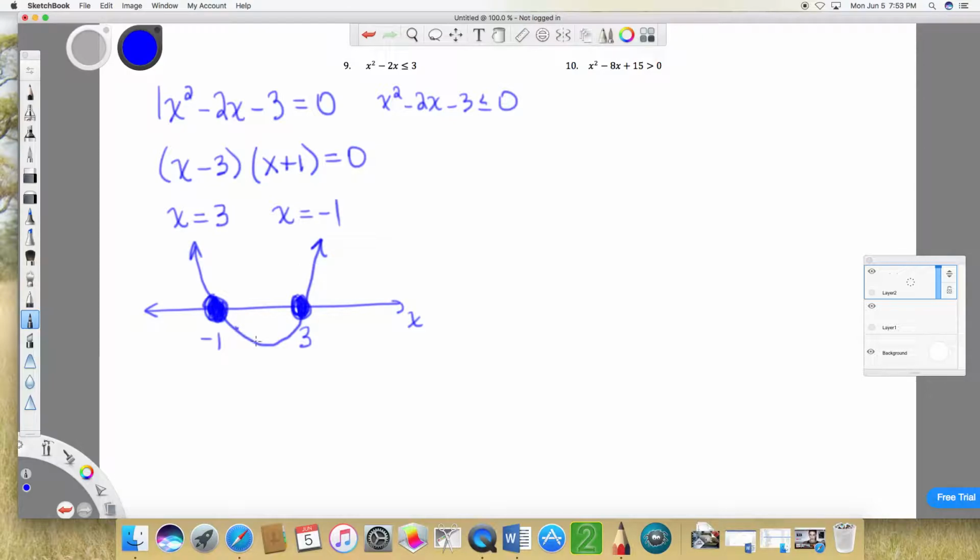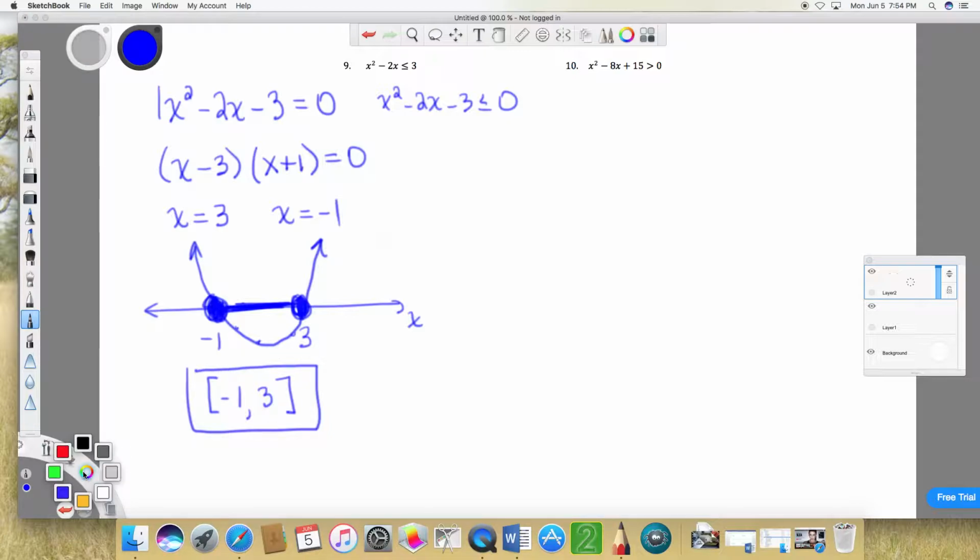So this is the portion of the parabola that's below the x-axis, so I'm interested in the x values that are between negative 1 and positive 3, because if you replace x with any of those values and do the arithmetic, it'll be a number that's less than or equal to 3. So our solution set for this problem is negative 1 to positive 3, including the endpoints.